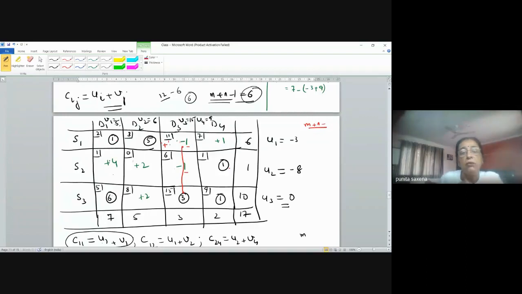If I have to allocate something here, definitely I have to subtract something from here, because the total demand for this destination is only 3 units, and cannot be more than 3 units.